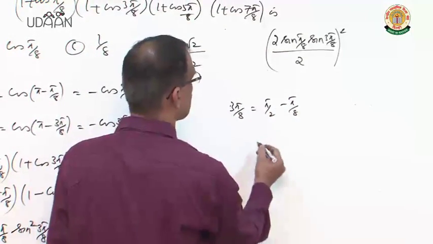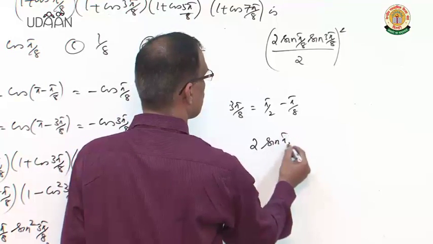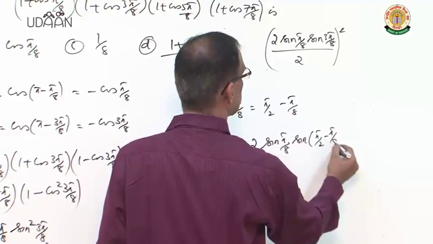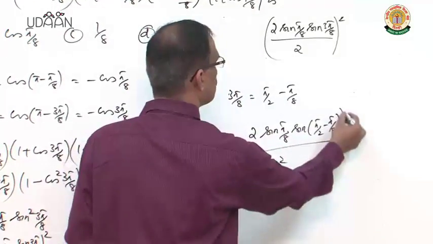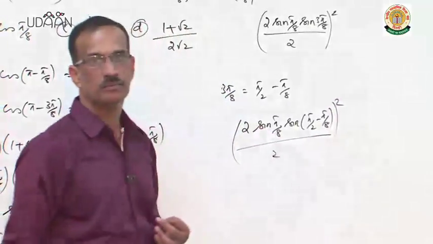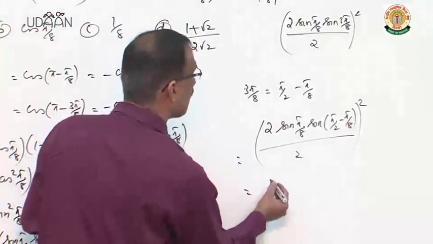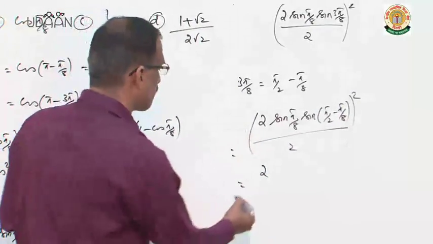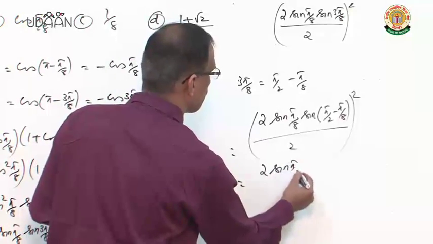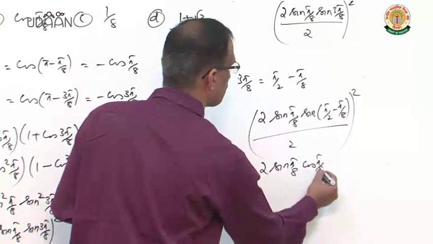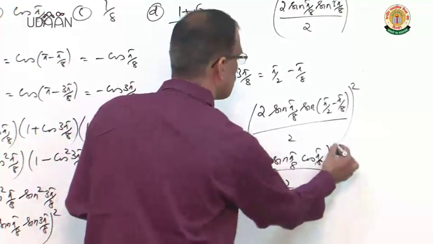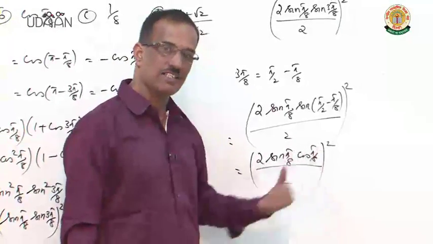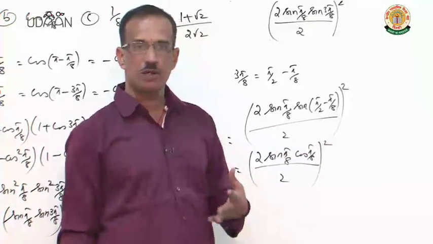So, this becomes 2 sin pi by 8 sin of pi by 2 minus pi by 8 over 2, the whole square. We know sin of 90 minus theta is cos theta. So, this gives 2 sin pi by 8 cos pi by 8 over 2, the whole square. It looks like 2 sin a cos a again. So, 2 sin a cos a means what you will get?